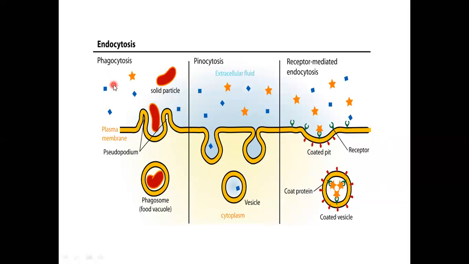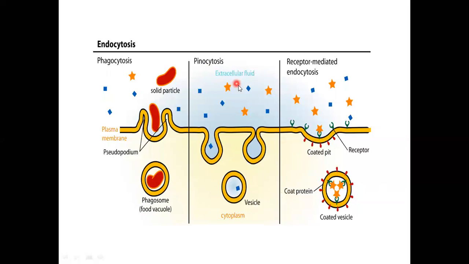In phagocytosis, a solid particle is engulfed, so the plasma membrane becomes deformed inward. This is invagination, also pseudopodium, engulfing the solid particle and moving inside the cell. This is the phagosome, food vacuole. This is phagocytosis, in which a solid particle is engulfed by the cell membrane.